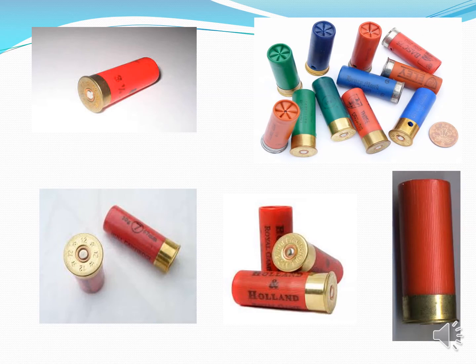This slide is about the sporting gun. As we said, it is of any color: orange, red, green, blue, yellow, any color. If we take this image, is it fired or not? Not fired.